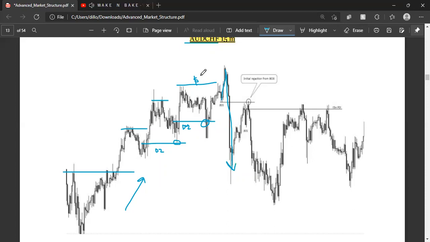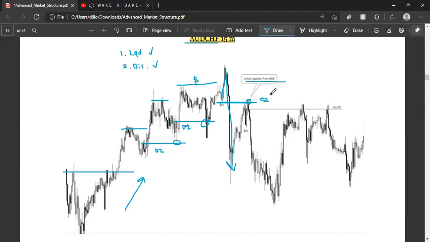This gives us an indication of two things: one, liquidity has been taken out, and two, direction. So now we wait for price to get back up into this supply zone for an entry.